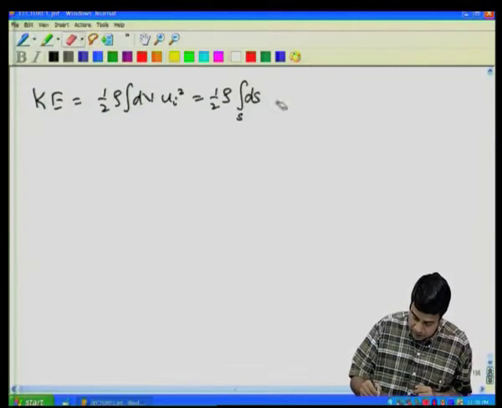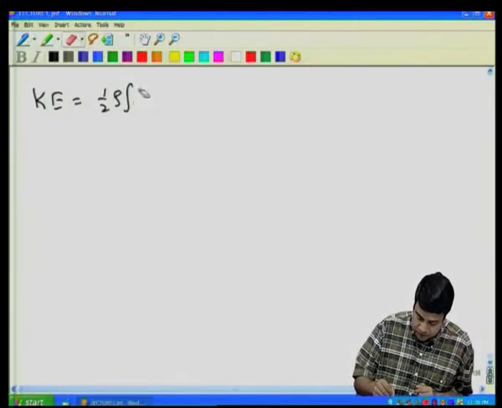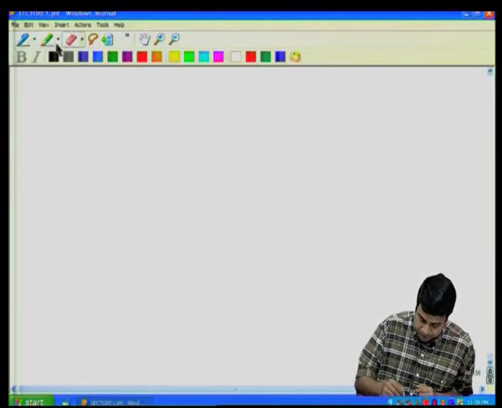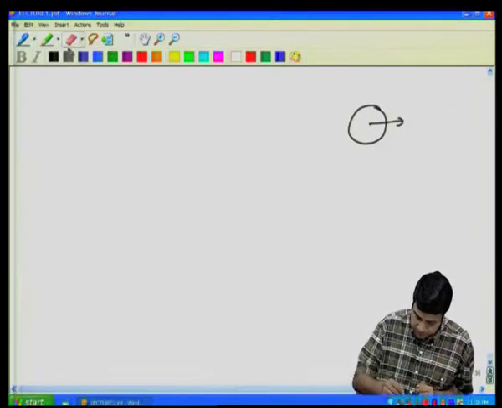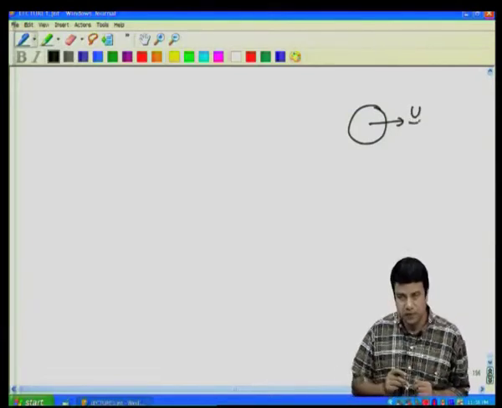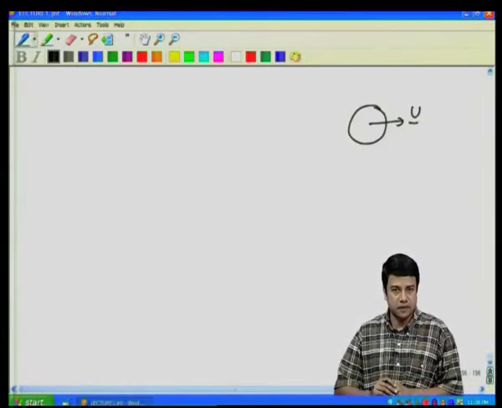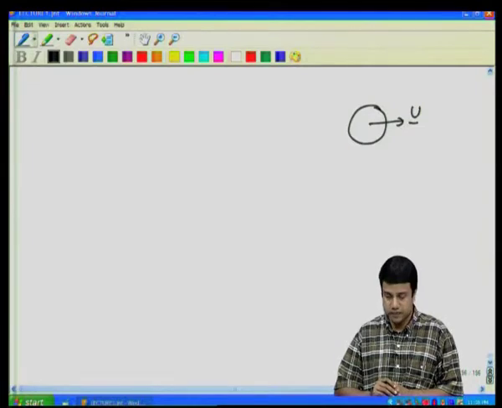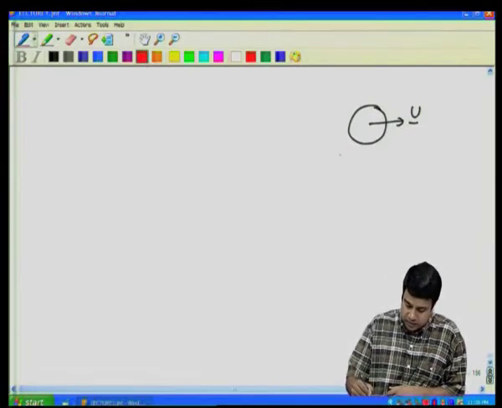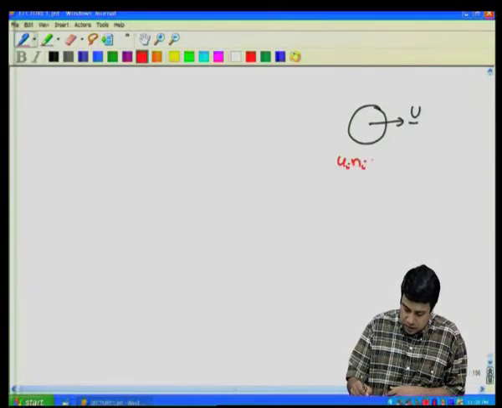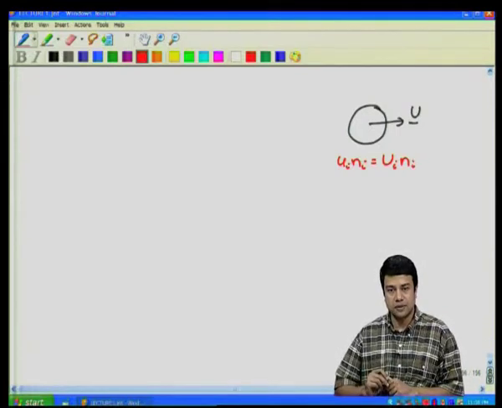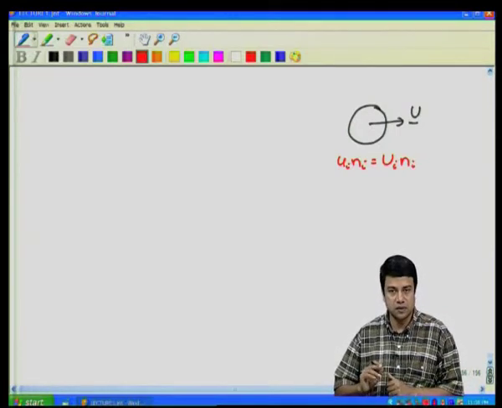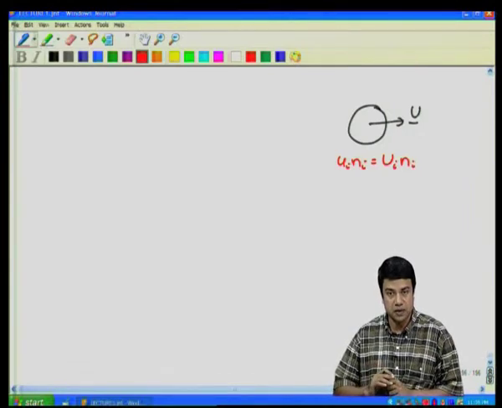So, let us go back to that solution for the flow around a sphere. I have a sphere that is translating with some velocity U vector in potential flow, and I need to find the solution for the potential flow equations. The boundary conditions, as I mentioned, are u_i n_i is equal to capital U_i n_i, or u dot n for the fluid is equal to the sphere velocity U dotted with the unit normal at that particular location on the surface.